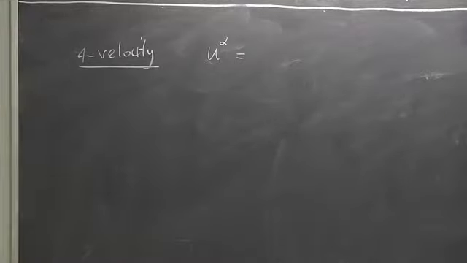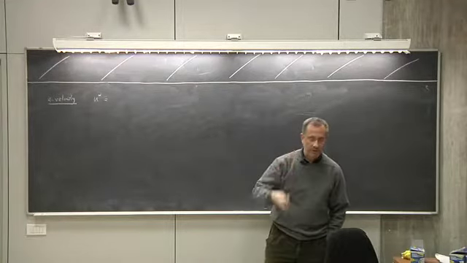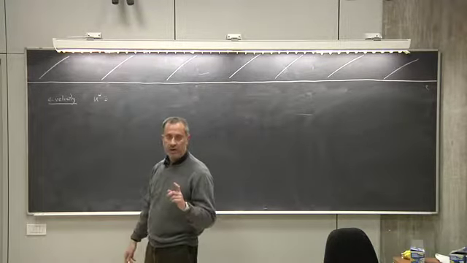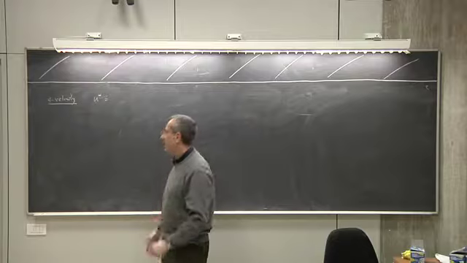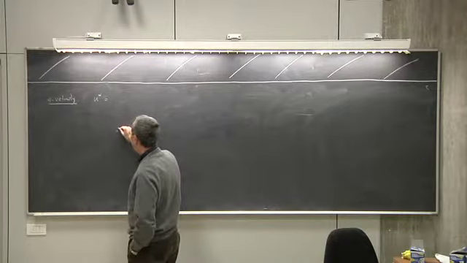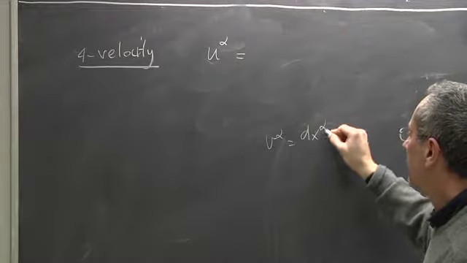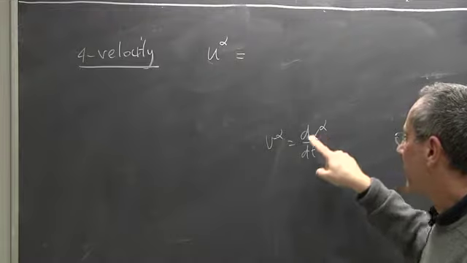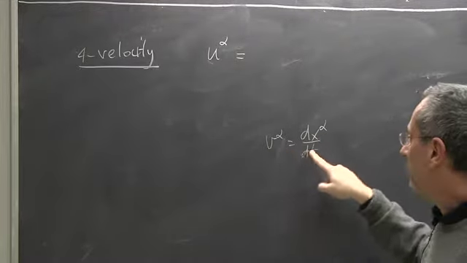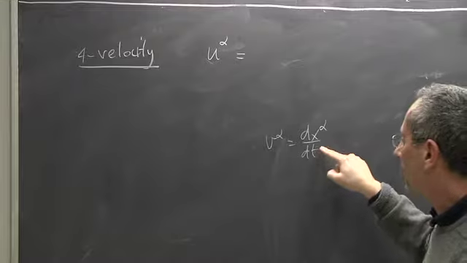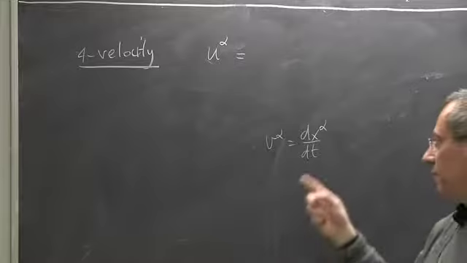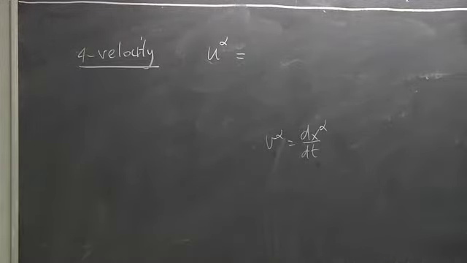Now the difficulty is that the velocity is the time derivative of space, right? But now it's a bit tricky, because the usual velocity is a vector because it's the derivative of a vector. t is the scalar, you take the derivative, x is a vector, so this is a vector. But now this is no longer true because t itself is just a component of a 4 vector, the coordinates. So if you take this, it's not going to give you a vector.